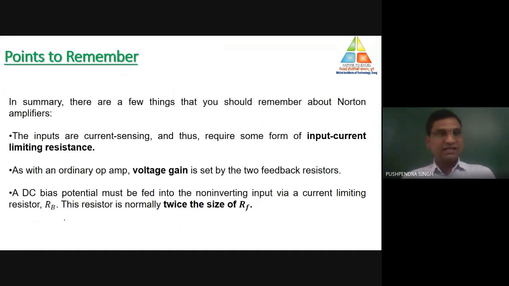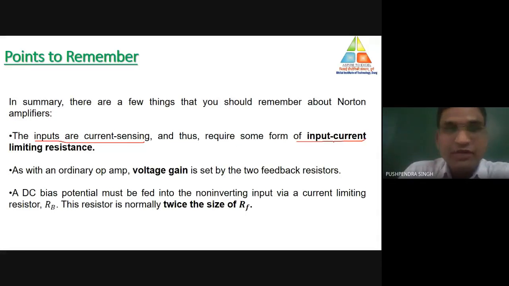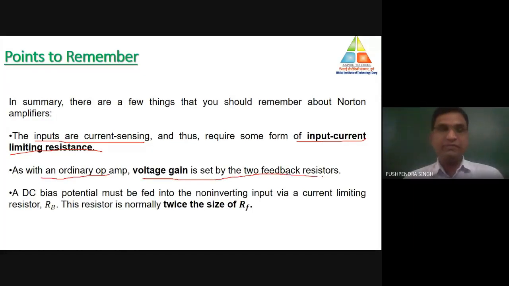Now the last points to remember in case of Norton's amplifier. The inputs are current sensing and thus require some form of input current limiting resistance. Whenever you design a Norton's amplifier, in each and every condition you need some form of input current limiting resistance. Then you move further for the calculation. Second, as with an ordinary op-amp, voltage gain is set by the two feedback resistors.